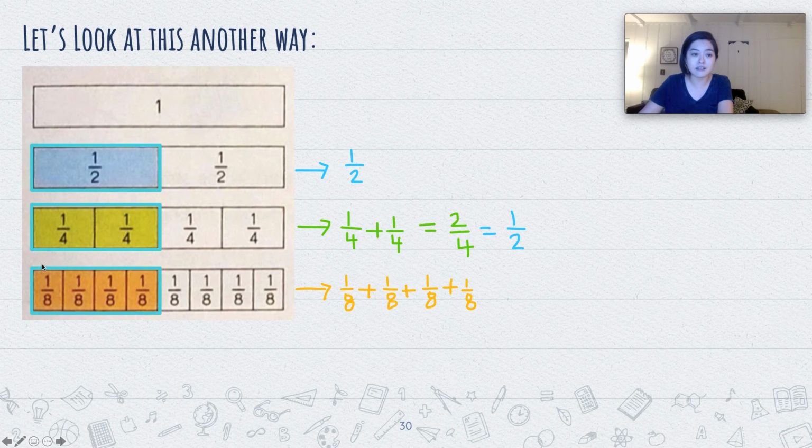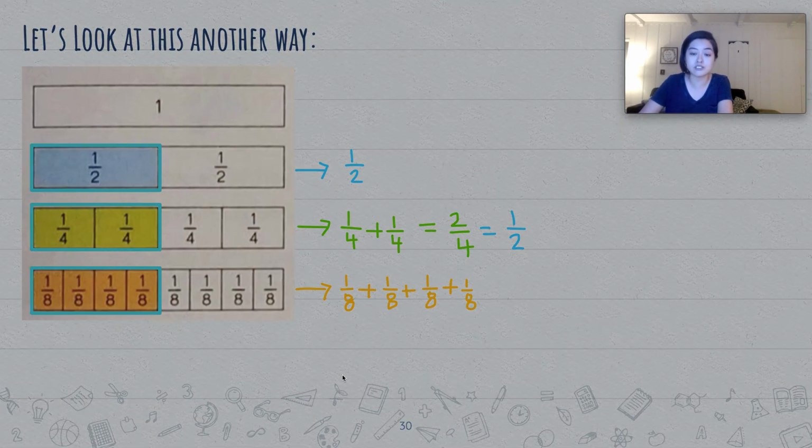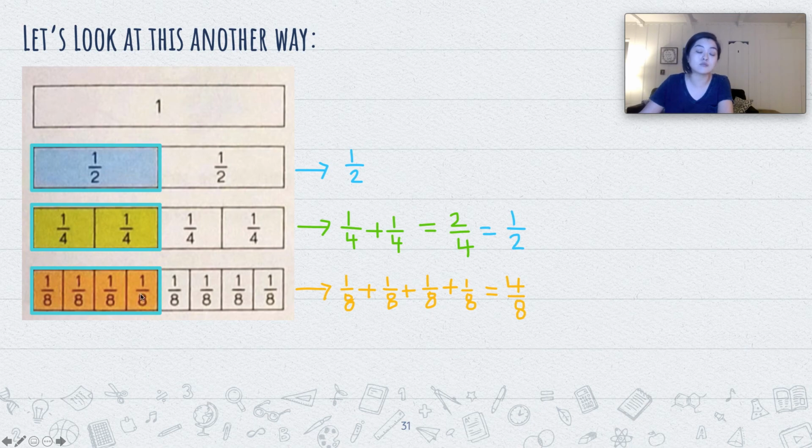I see that this here is the same size as 1/2, and that's 1/8 plus 1/8 plus 1/8 plus 1/8, which is 4/8, because we're talking about the orange, and there are 4 parts that are orange and 8 total parts here. Okay? And you know that 4/8 is the same thing as 1/2. It's the same size, right? It's the same representation as 1/2.